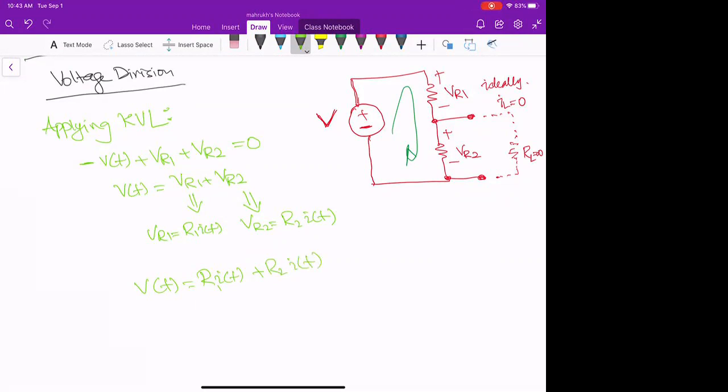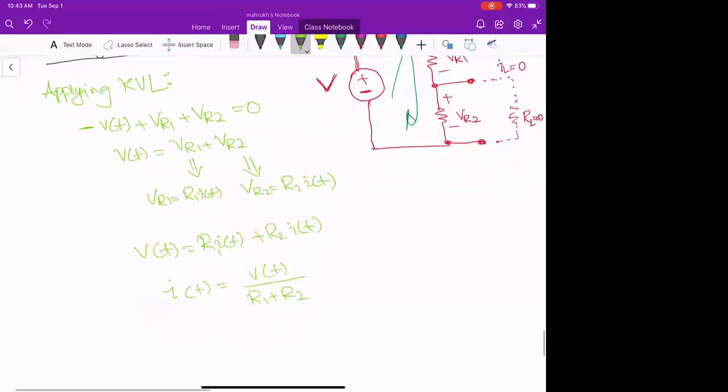And then it will become V of t equals I of t times R1 plus R2, right? Now I know the current.